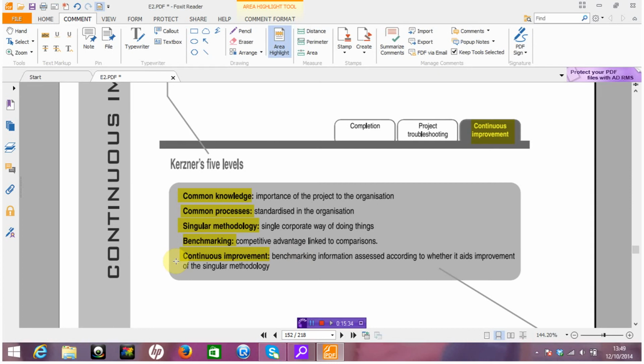Level 5, and you'll be familiar with continuous improvement from your E1 studies. Really what we're saying is that we're looking at some form of continuous improvement to our project management procedures, in order to improve our standard, or singular, methodology.